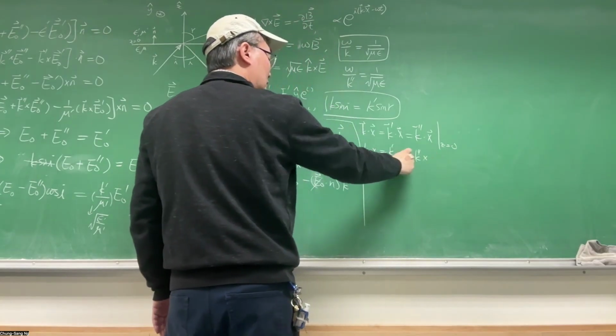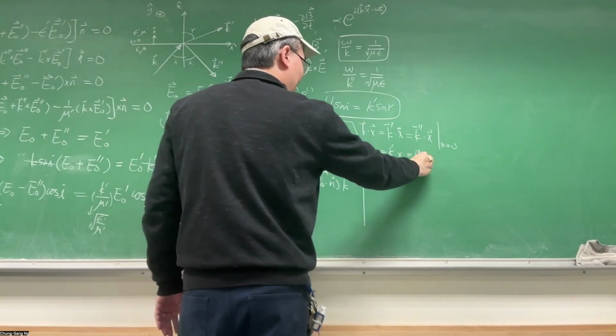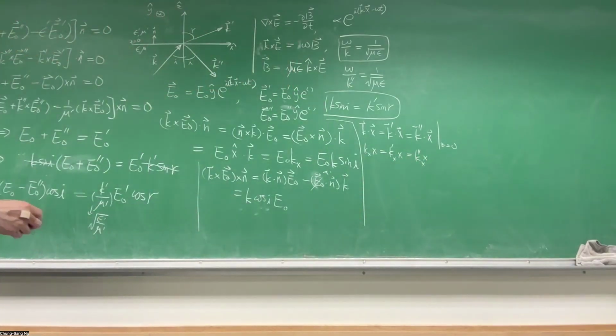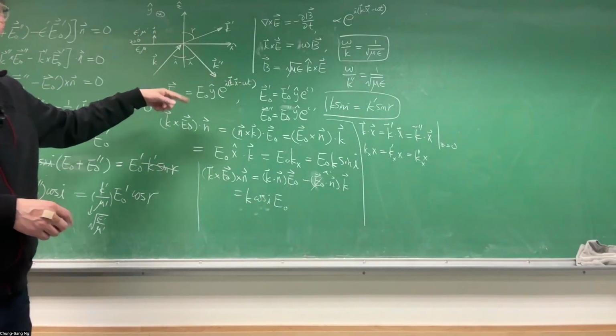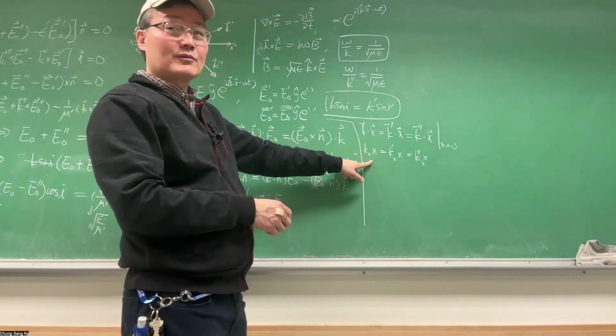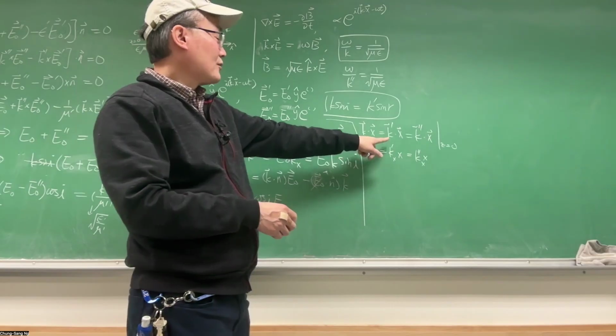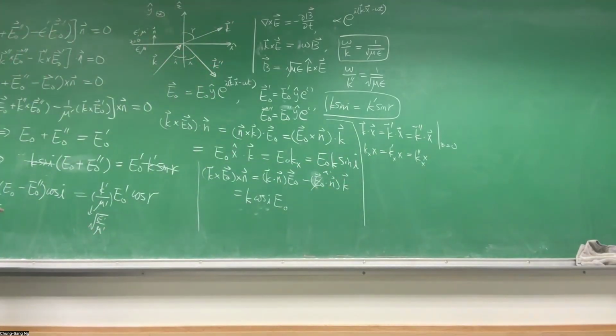Right? Cancel the x, only the x component of the k is the same. That's the boundary condition, not the z component. You don't have the information of the z component. What you're talking about with cosine will be the z component. Is that okay? Yeah. So you cannot cancel this.